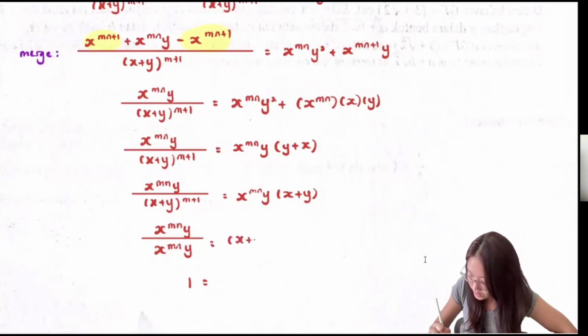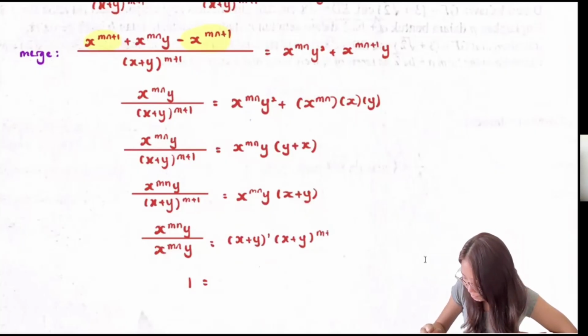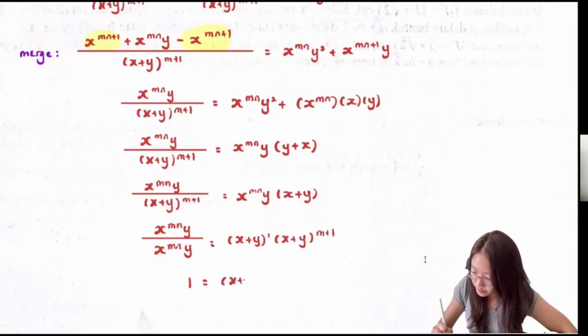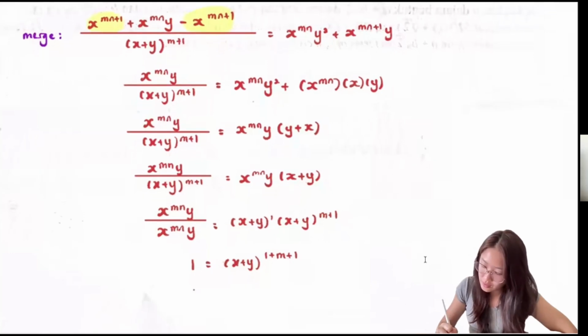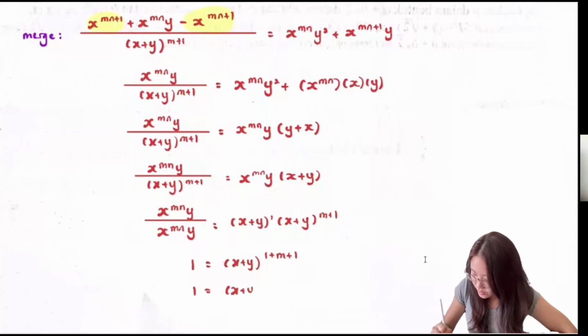So it's going to be x plus y power 1 times x plus y power m plus 1. So the powers should be adding up. Then after that, x plus y, then here you have m plus 2.